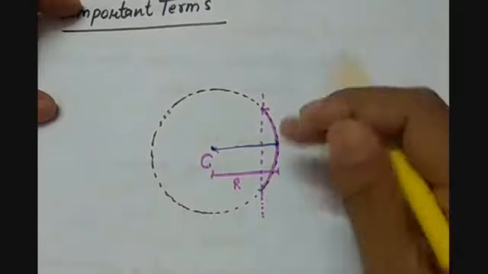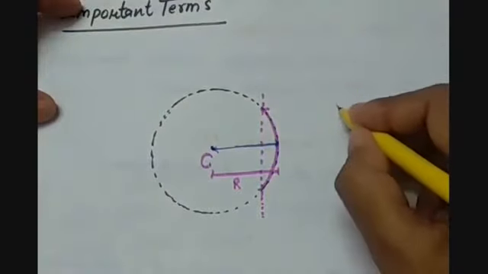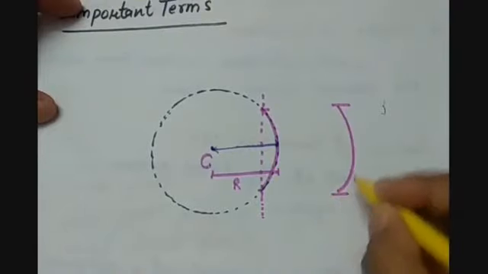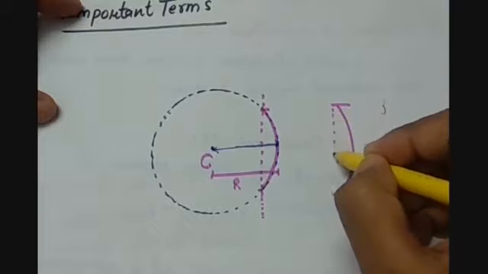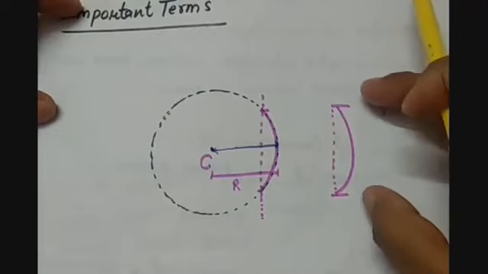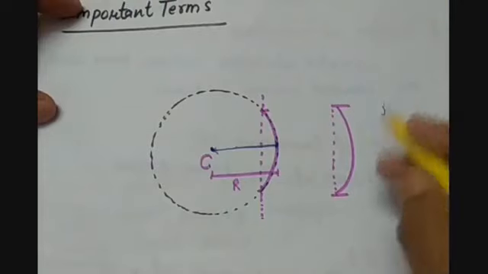As we are cutting this portion, so only this much part is exposed to the incident light or the light which will be coming to the curved mirror. So this length is called aperture.